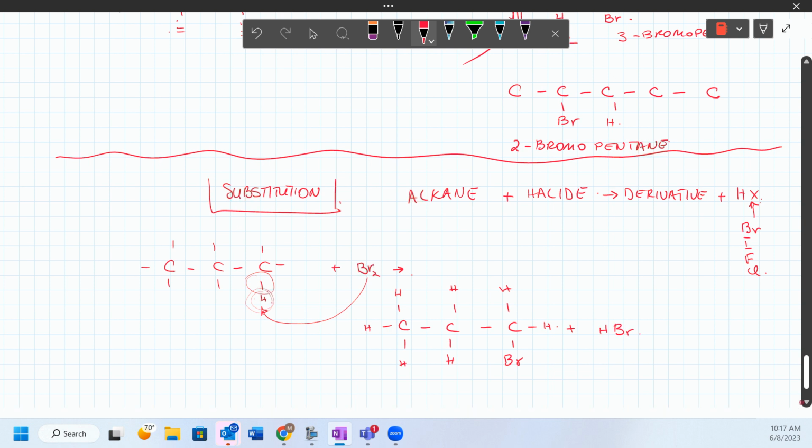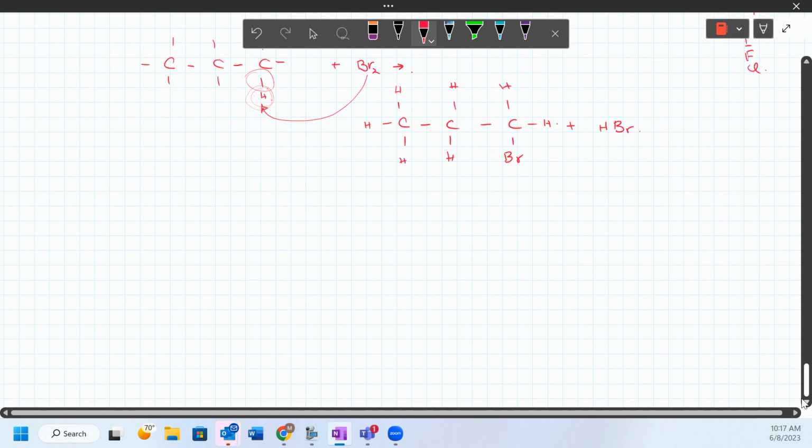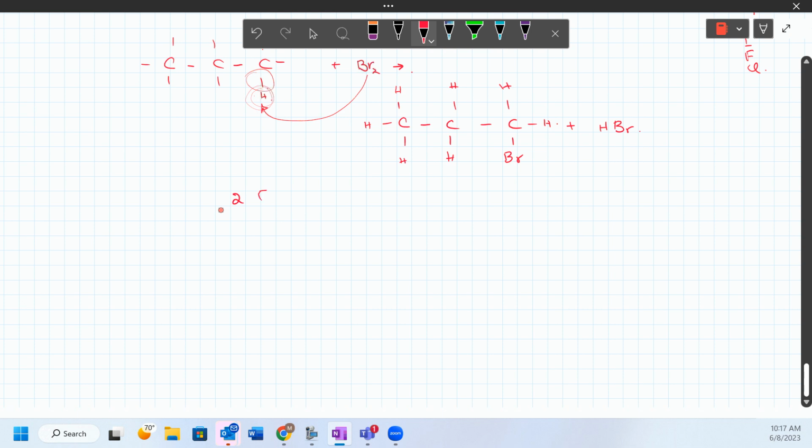So what do you have in the substitution? You have two products, in contrast with addition. One of the products is an organic halide, and the other one is HX, a hydrogen halide.